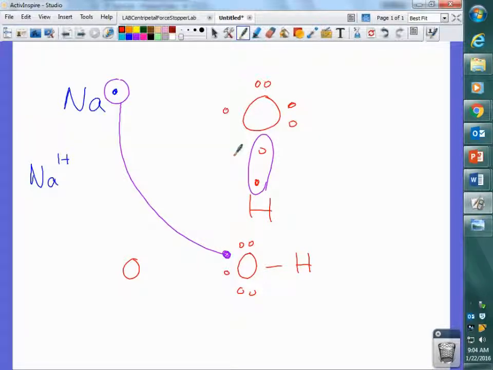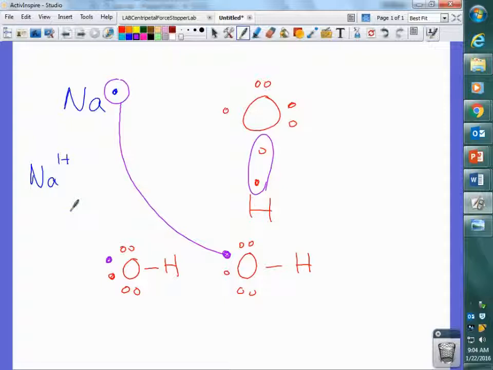We can't separate them because if we separate them, now they're not happy anymore, right? They're not at that low energy state. So now these two are a package deal because they're already covalently bonded together. Does that make sense? Then you've got oxygen and its valence electrons, and its 1 valence electron from hydrogen, but then also it now has the valence electron that it picked up from sodium. Yes? Does that make sense?